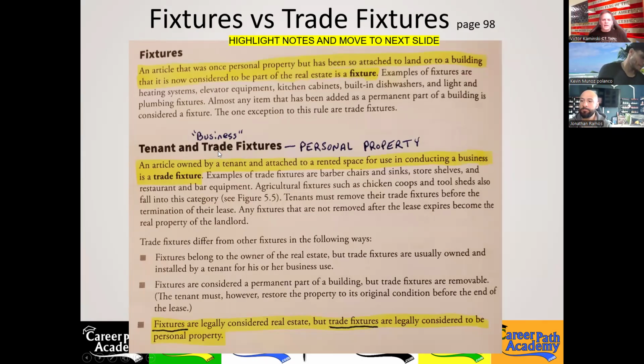And above the word trade, write business, because that's what the word trade means, business, right? And it is personal property, trade fixtures. So fixtures are legally considered real estate, but trade fixtures are legally considered to be personal property.